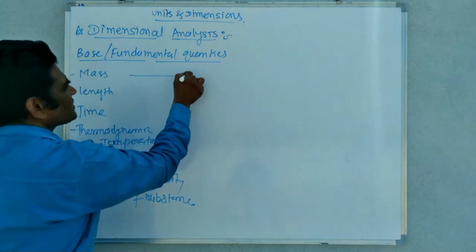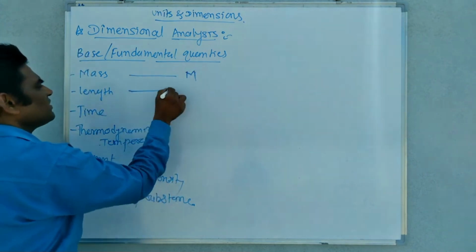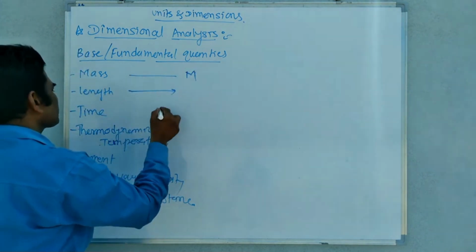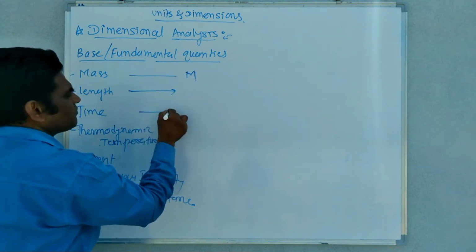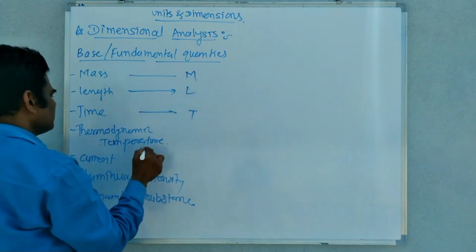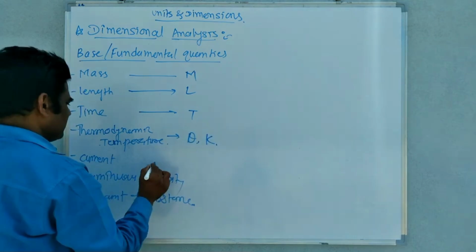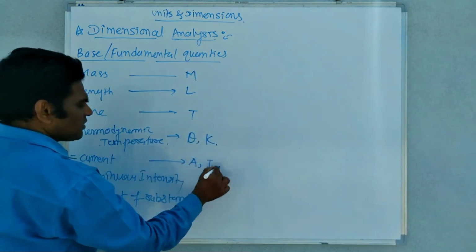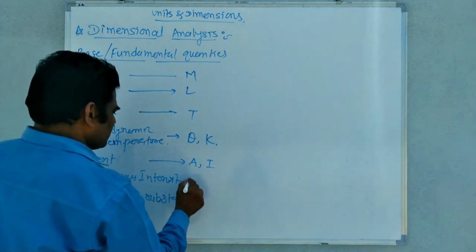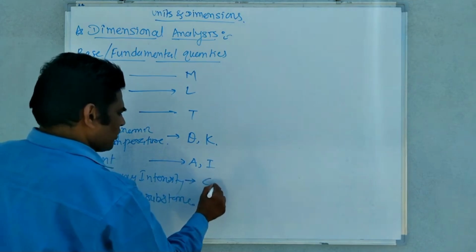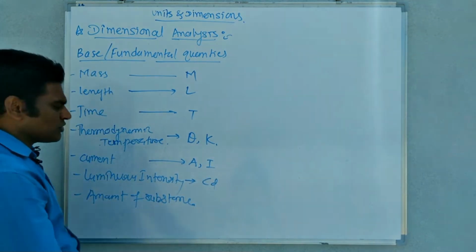What are the notations? Mass is described by capital M, then time, then length, then theta for Kelvin, then A or I in some books for current, and luminous intensity, whose unit is candela, symbol is cd.